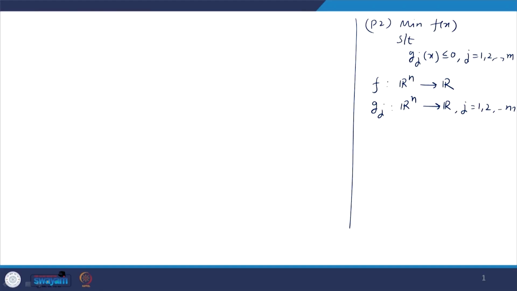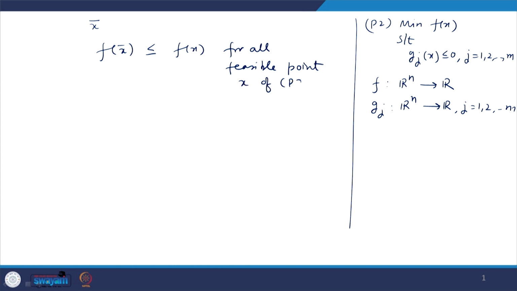So, let us try to prove this result. The proof is easy. If you want to show that x bar is a global minimum point of the problem P2, then we have to show that f(x bar) is less than or equal to f(x) for all feasible points x of P2.